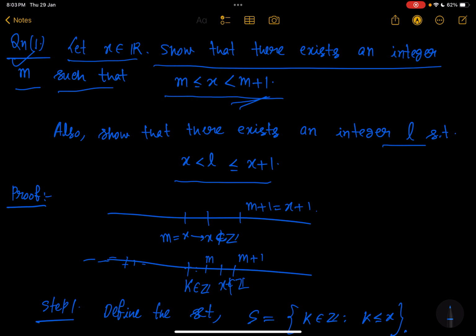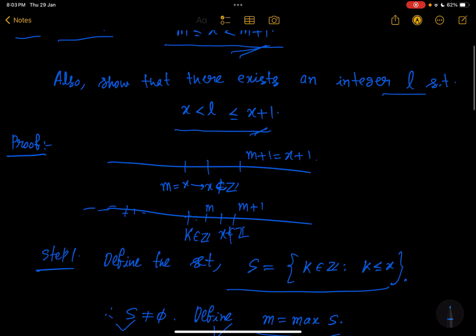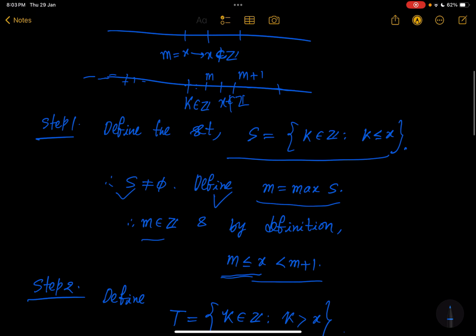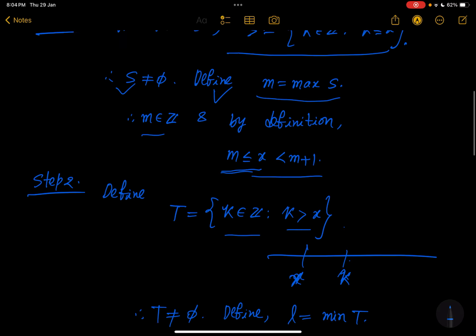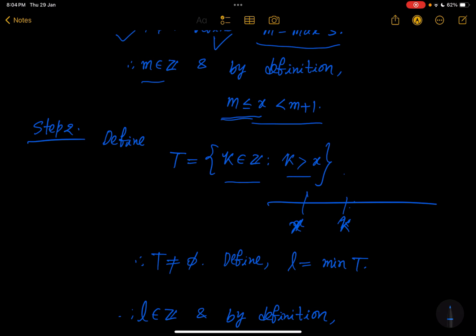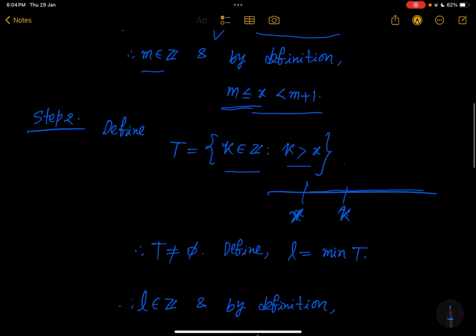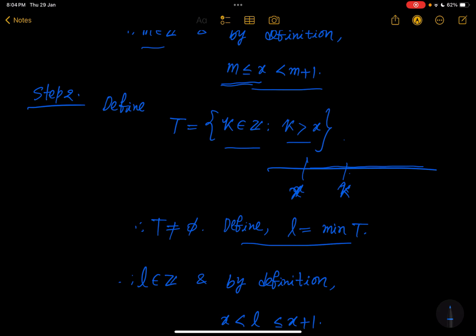Now what about the second? In this case I will collect all the integers which are above x. So when k belongs to this set, k is above x. Again this set is non-empty because there are infinitely many such k which belong to Z. Now I'll take the minimum of such k's.